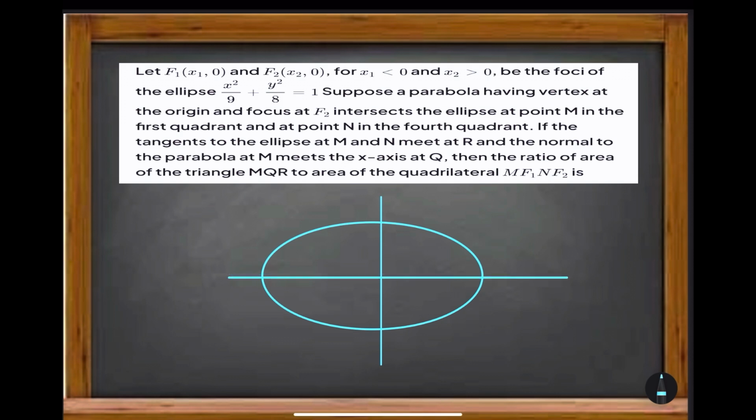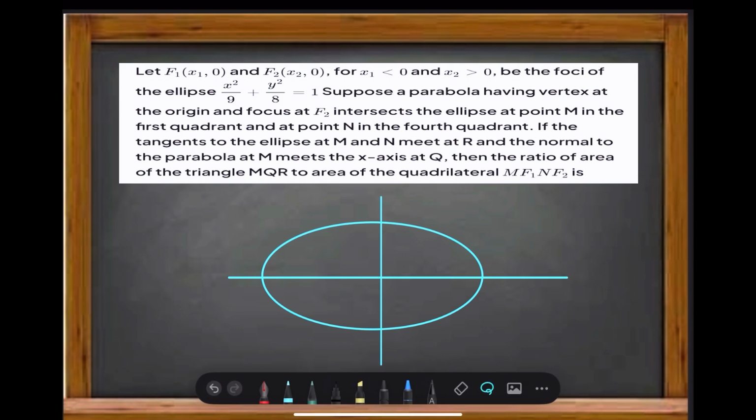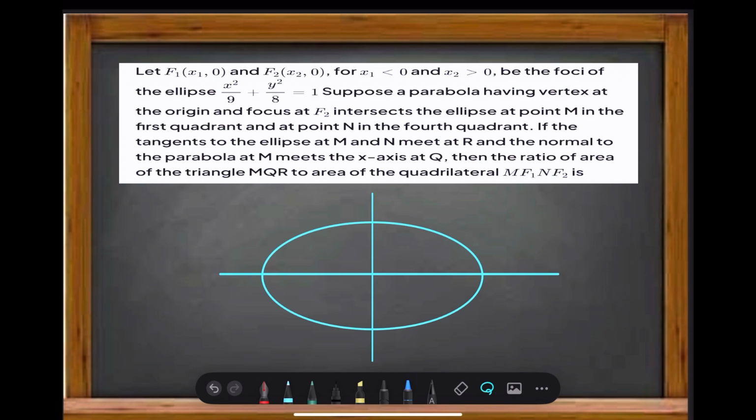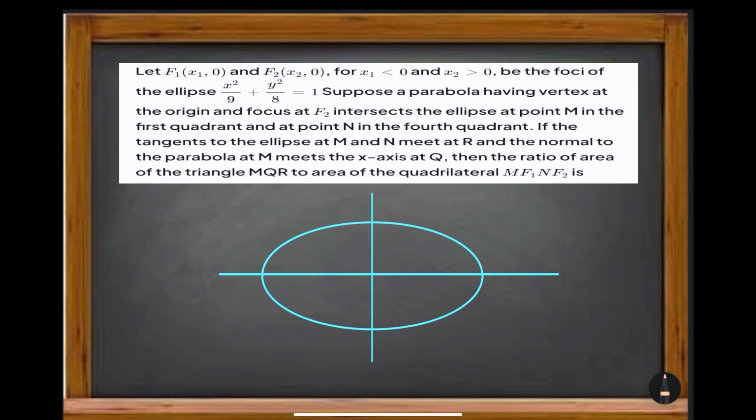Suppose this is the ellipse. Hopefully it is correct. Now suppose these are the foci: this is your F1, this is your F2.